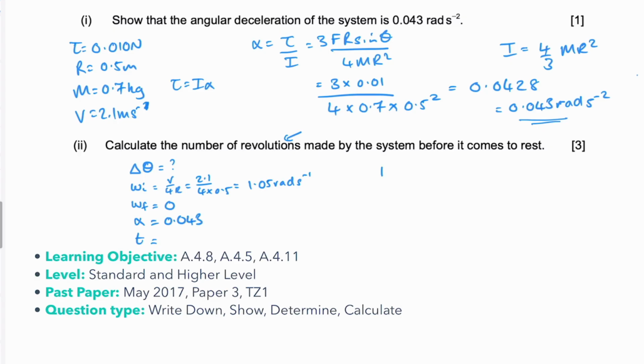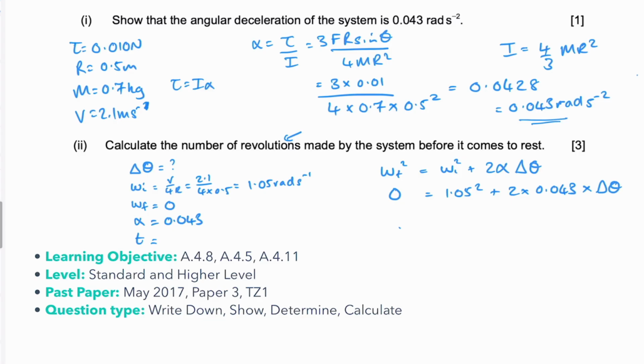We're going to use this equation: final angular velocity squared equals initial angular velocity squared plus 2 alpha times change in angular displacement. It's a bit of a mouthful, isn't it? But there we go. 0 equals 1.05 squared plus 2 times 0.043 times change in angular displacement.